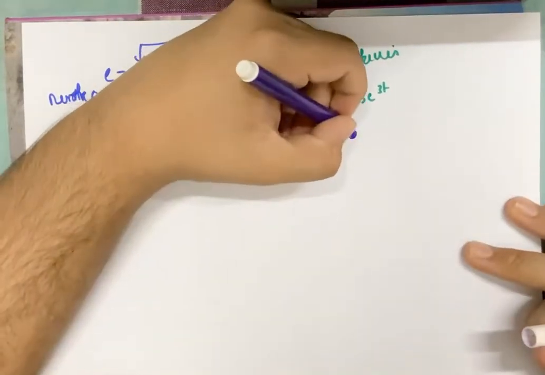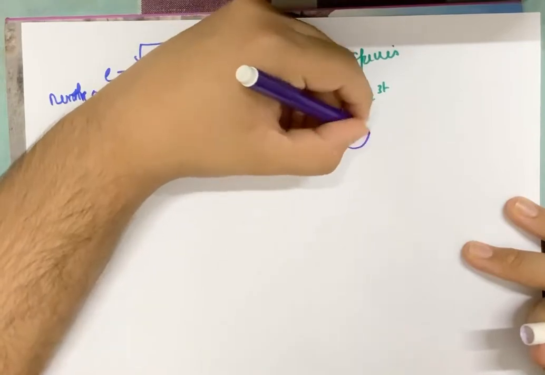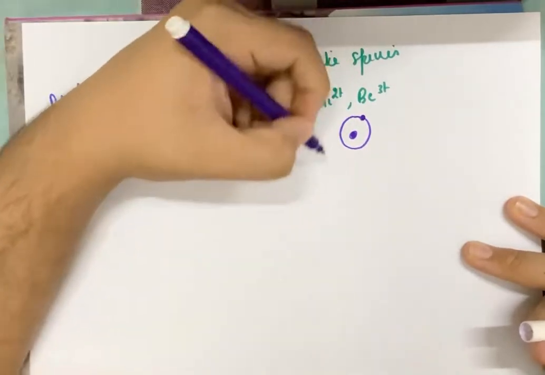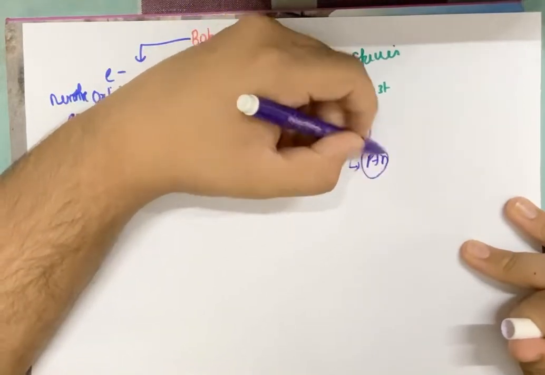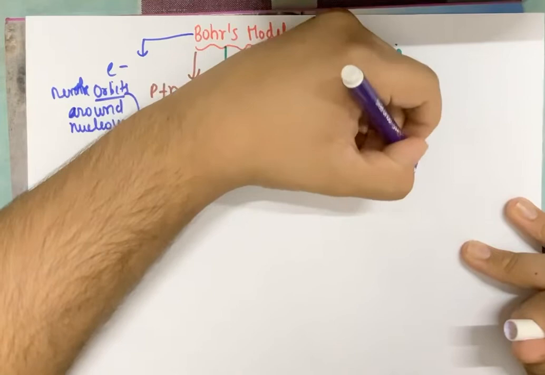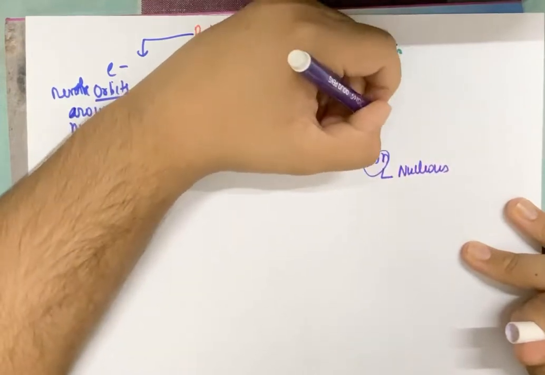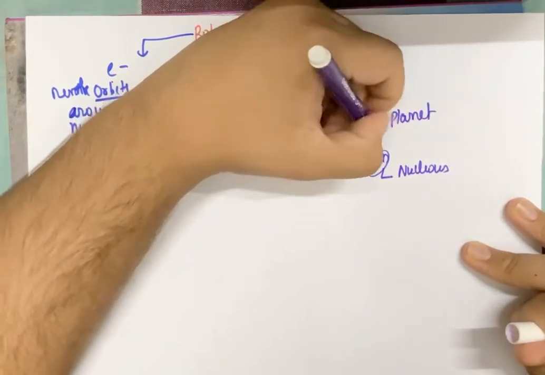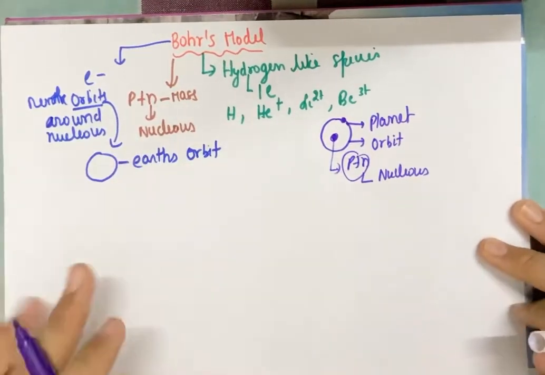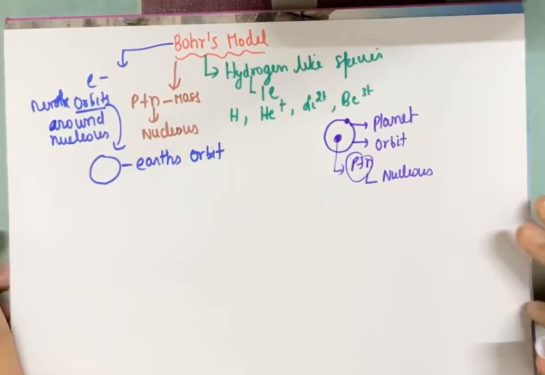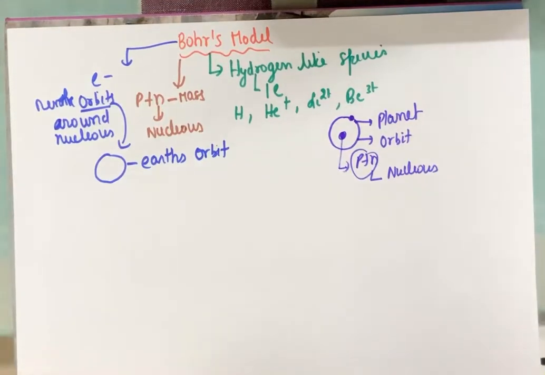I have the sun here, and on the orbits I have the Earth revolving, Mercury revolving, etc. So the sun becomes the proton plus neutron, the nucleus of the atom, and electrons become the planets and their path is the orbit. So this is the easy way to remember Bohr's model: you construct the solar system, the sun becomes the nucleus, electrons become the planets, and the orbits of the planets are the path of the electron, also called the orbit of the electron or energy level of an electron.